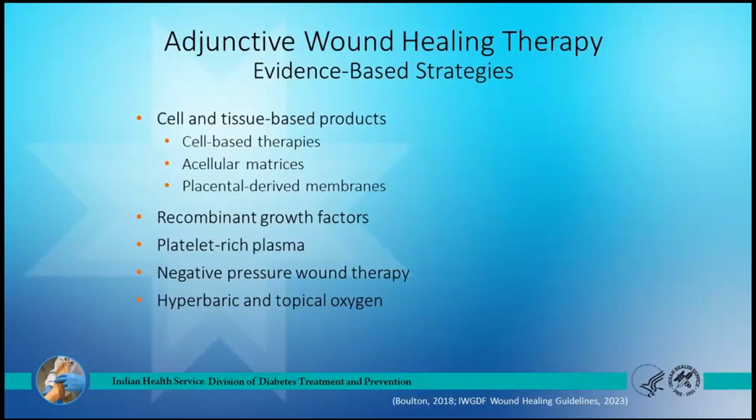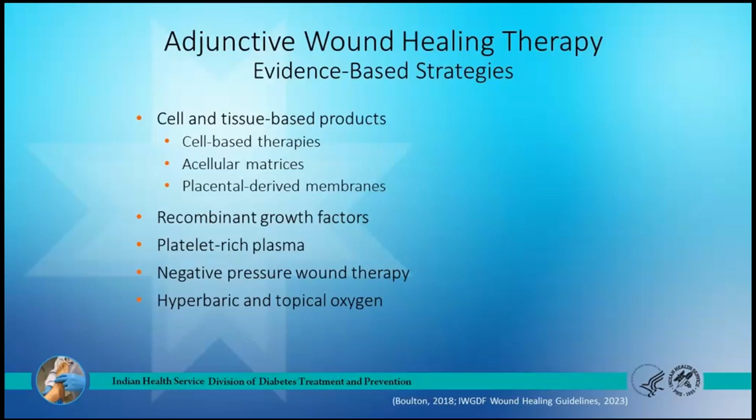Adjunctive wound healing therapy. I kind of alluded to this a little bit more. These adjunctive wound therapies are cell and tissue-based products. Regenerative medicine has been growing almost exponentially in the last 10 years, and we're making really great strides. Saying that, at this time, there are definitely ideal advanced wound products out there.